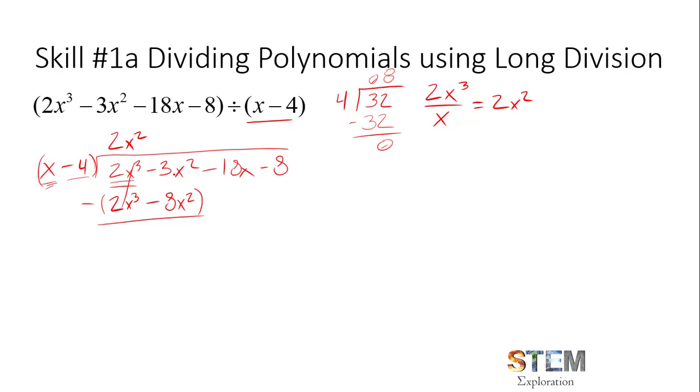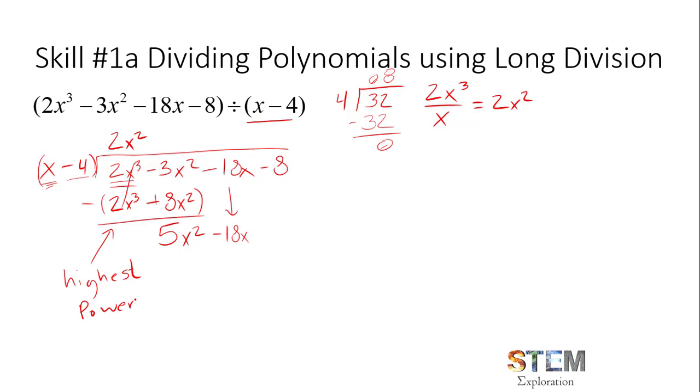And we have the negative 3x squared here, but after we add the 8x squared here, and it's adding because we have a minus, get the clunk and change both of these to pluses. And then we're going to have 5x squared, and we'll drop the 18 down here. So we'll go negative 18x, and then we'll go on from there. Okay, so we're always going to deal with this highest power first.